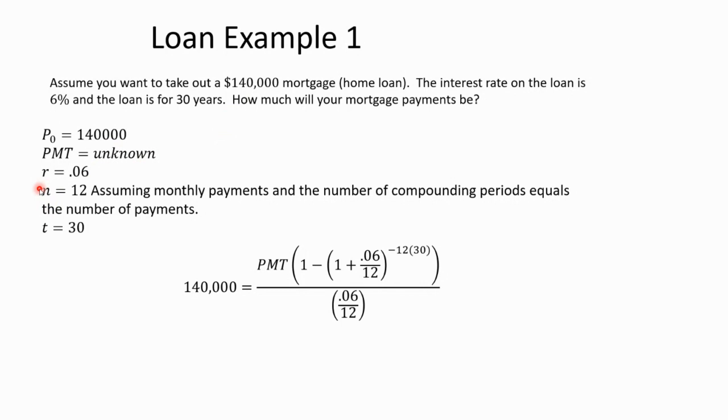That's how often the balance is compounded. Here we're making monthly payments, so N is going to be 12, right? The number of payments you make in a year equals how many times the balance is compounded. And this is going on for 30 years. So we're going to calculate PMT. So this is our formula with all the data put into it, as you can see. We got to solve for this.